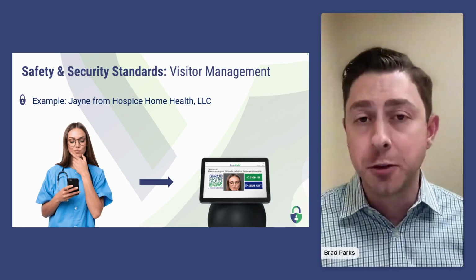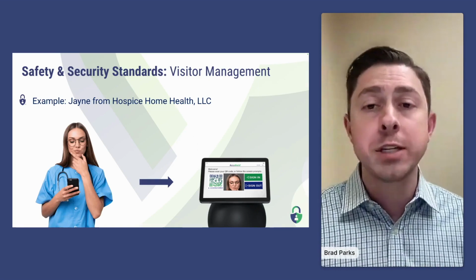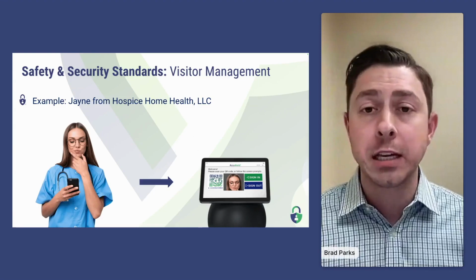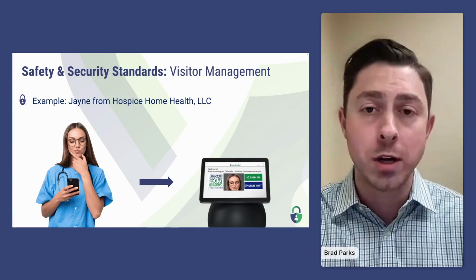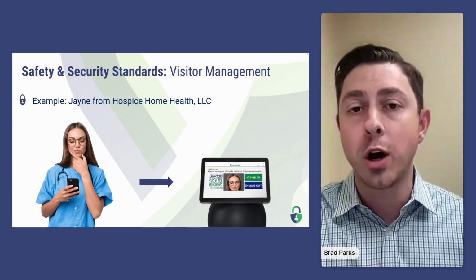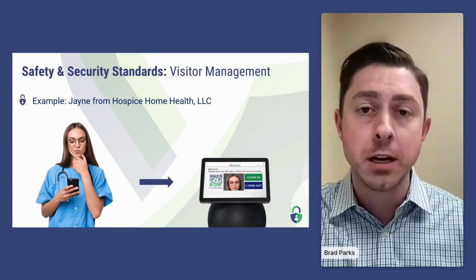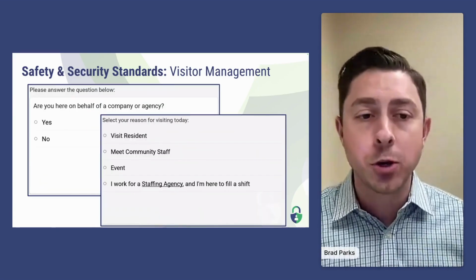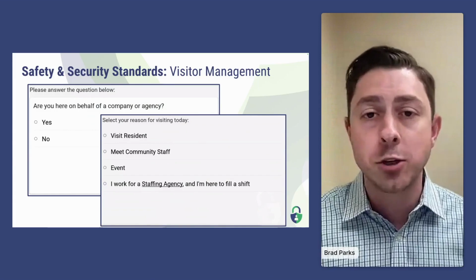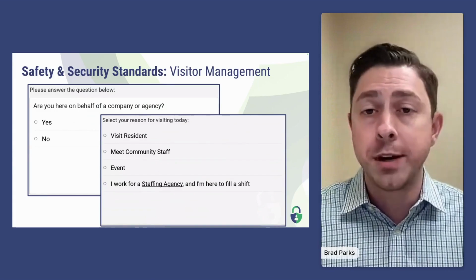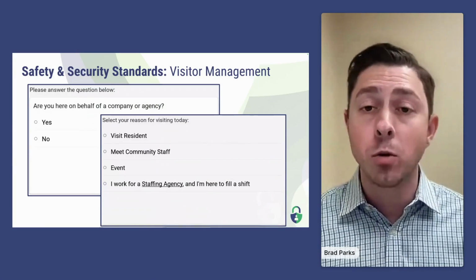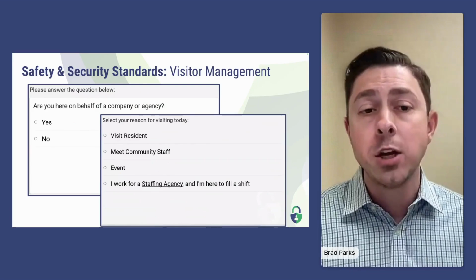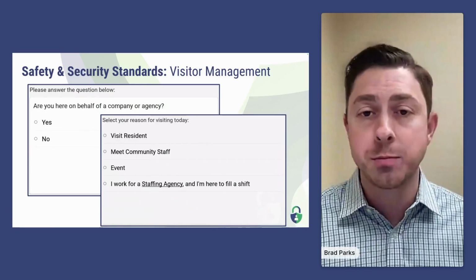So let's say on Jane's first visit into your community, she's going to sign into the AccuShield kiosk. And that kiosk is going to ask some prompting questions, and that will be recalled on any subsequent visits that Jane comes in for. So she will not have to do this every time, but a couple of the questions that we'll see is Jane will answer if she's here on behalf of a company or an agency, if she's self-employed or a part of a company. And then she'll choose what kind of services she's providing.